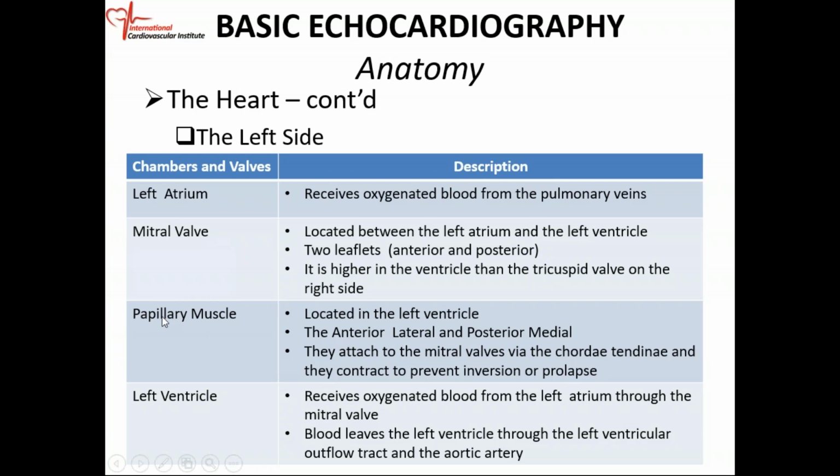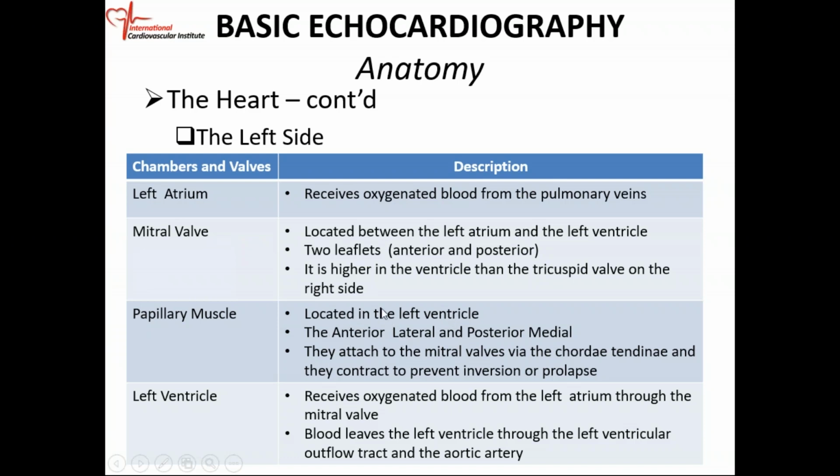Now, papillary muscles, they're located in the left ventricle. You have what we call the anterior lateral and the posterior medial. So in the left ventricle, there are two, because the mitral valve usually has two leaflets.